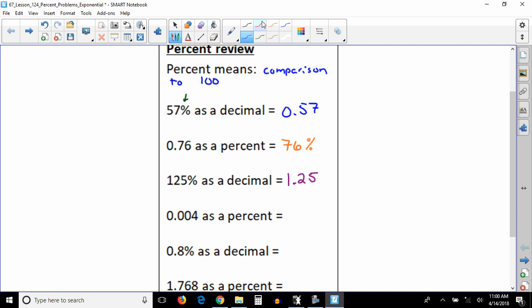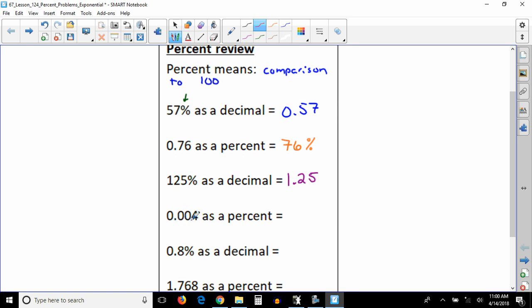It gets a little harder as you start to move things around. This one's a little tough because of where the decimals are and what you have to remember. If you're looking at the decimal 0.004 as a percent, you're going to move this decimal two places to the right.